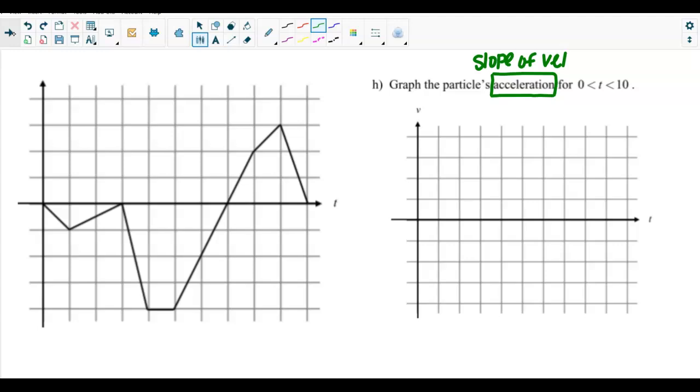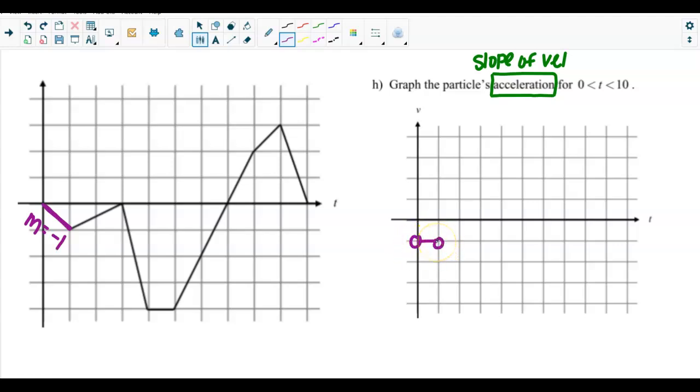Now we can also graph other graphs from our velocity graph. So if we want to graph the acceleration of our velocity, remember acceleration is the slope of velocity. So we're basically saying, we're going to break it up and say, from time of 0 to time of 1, that slope is a -1 slope.